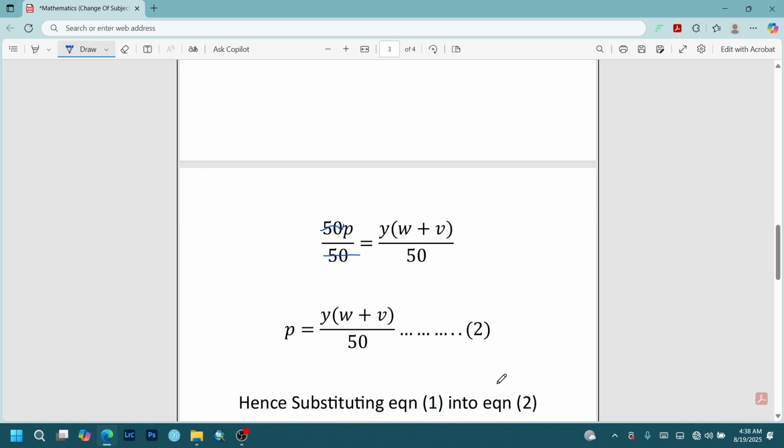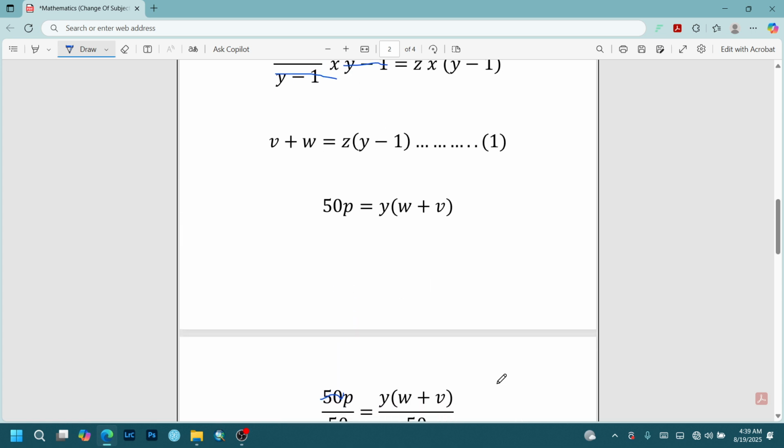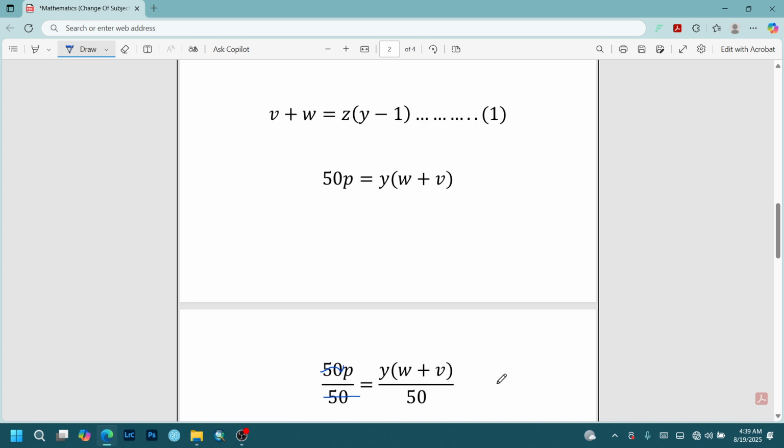So what we have to do now is substitute equation 1 into our new equation 2 here, right? Our equation 1 was given as v plus w equals z multiplying y minus 1.